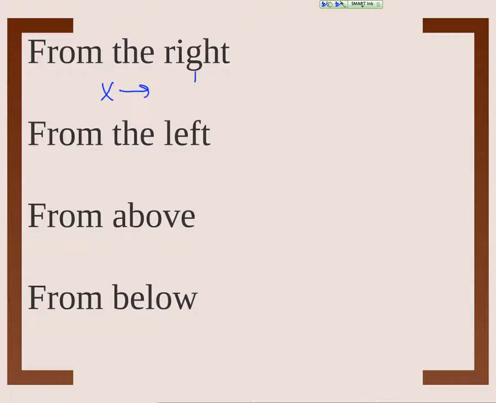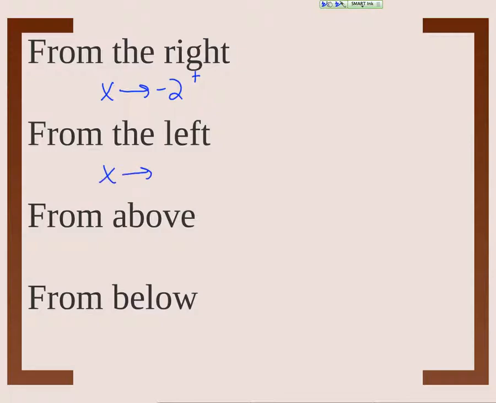To note from the right, we're going to put a little plus sign after our number. So in this particular problem, what's the vertical asymptote? -2. So we're going to have -2 from the right.